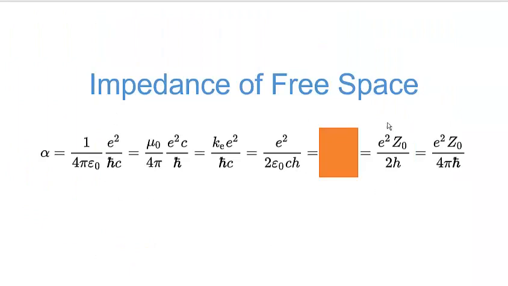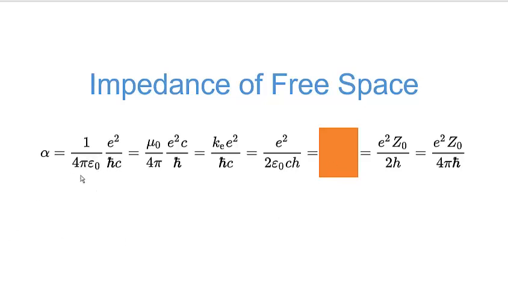So next we're going to deal with this term here, which also was written in terms of non-reduced Planck's constant. And this term here refers to the impedance of free space. And so for the sake of argument, let's go over some of the terms in here in case you are unfamiliar with them.